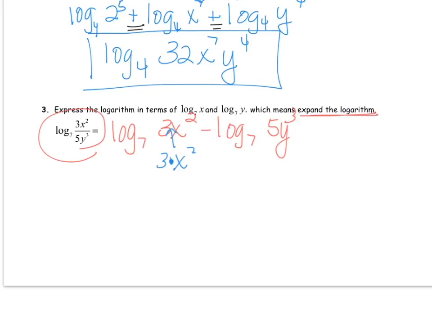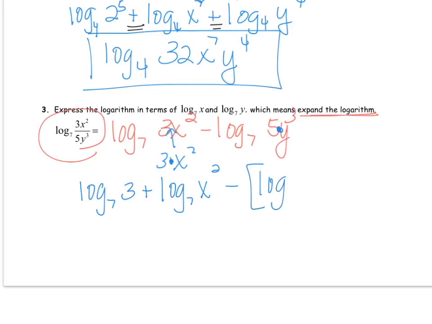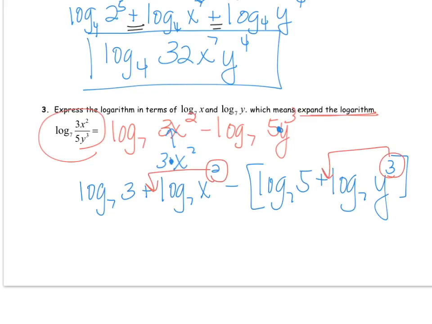So we're going to separate that multiplication and make it log base 7 of 3 plus log base 7 of x squared minus, I'm going to do the same thing here and separate, log base 7 of 5 plus log base 7 of y cubed. And then the only thing left to do is get these exponents out in front where they belong.